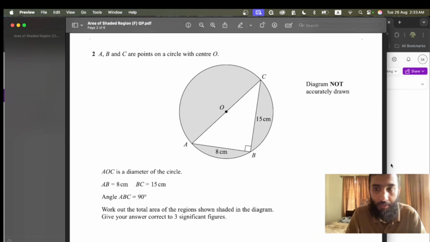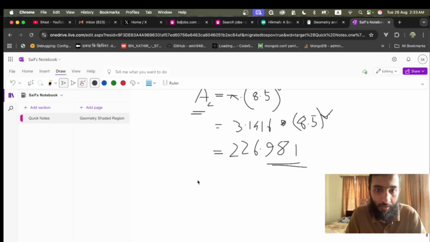The area of the triangle is half multiplied by base, which is 8, and height, which is 15. So this is 60. 15 multiplied by 4 is 60.